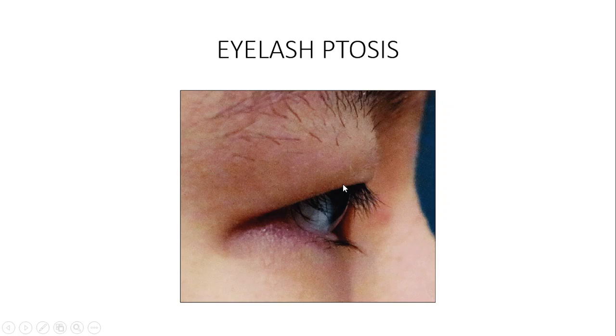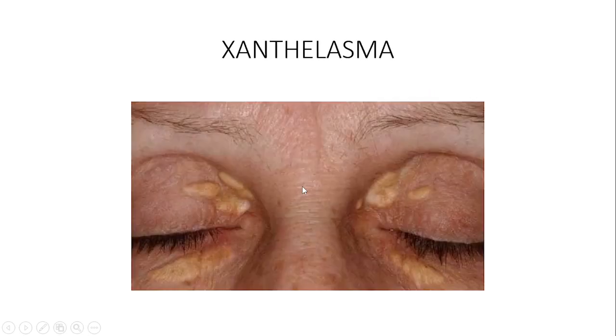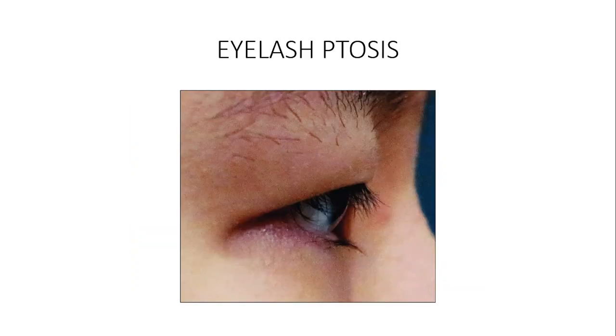Instead of the eyelash coming forward and curving upwards, it is coming down straight like that. So under such circumstance, we call it eyelash ptosis.